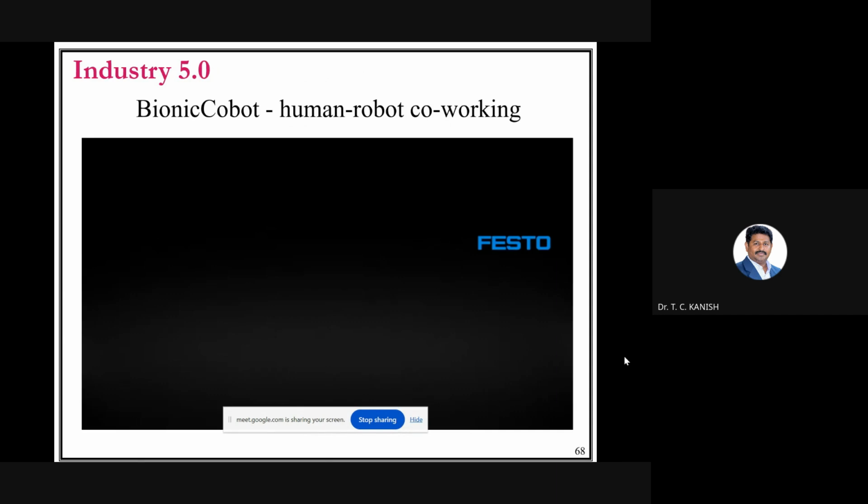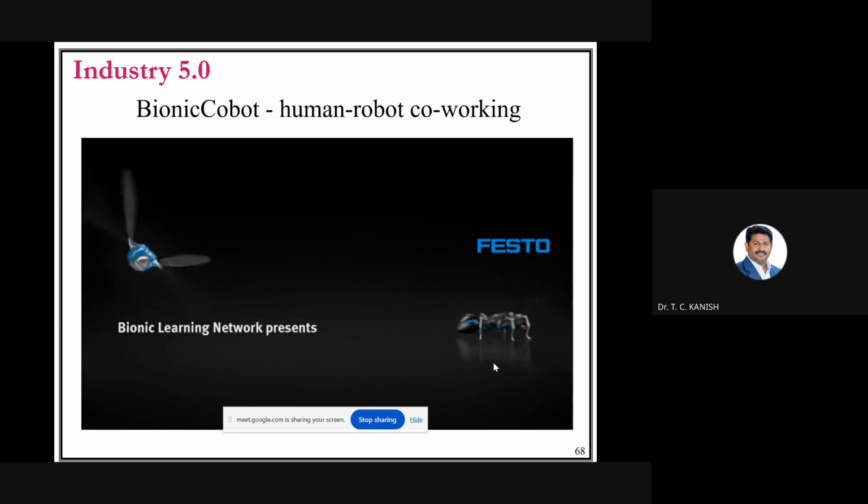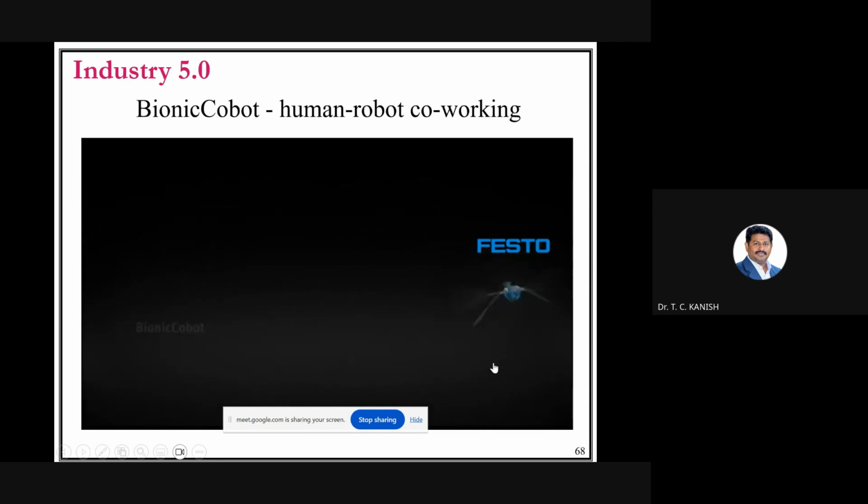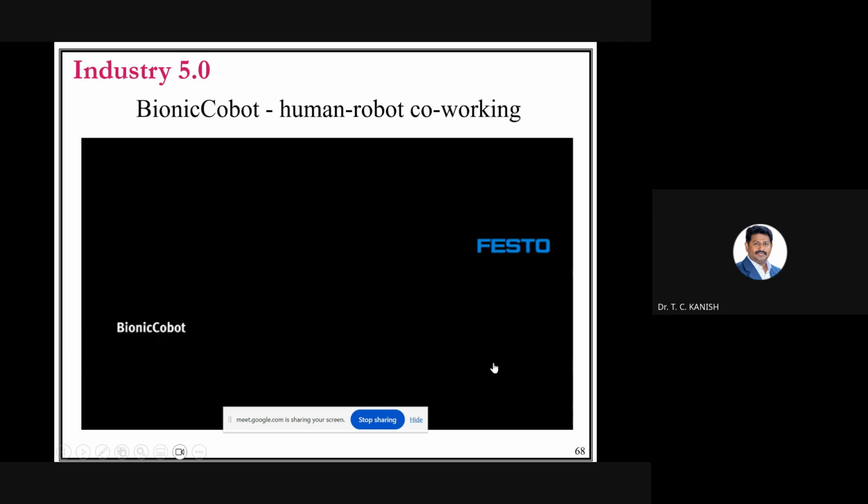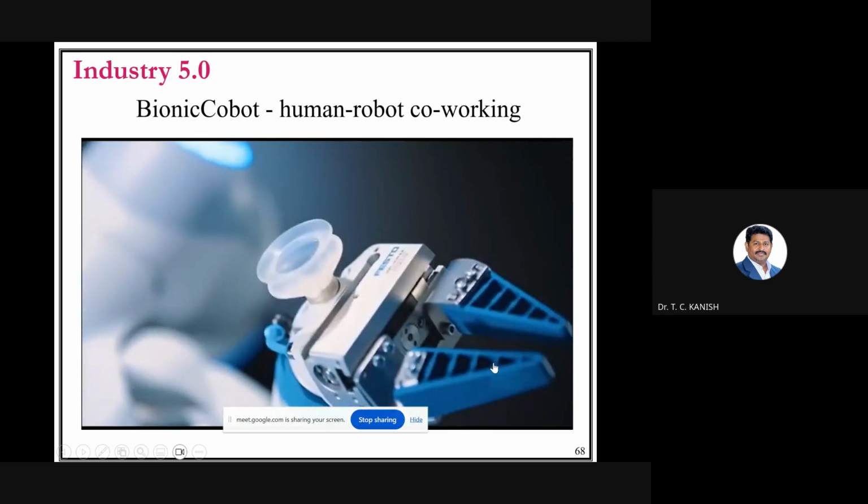Okay, so I have some videos to help understand, but time is not permitting, so I want to show just a few clips and move on. This is how we started getting bionic cobots, which work along with the human.